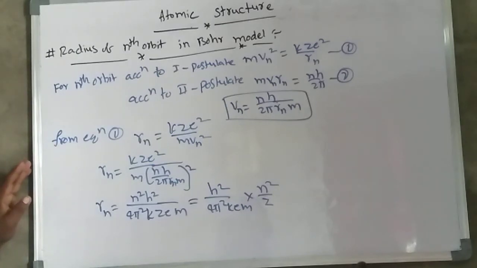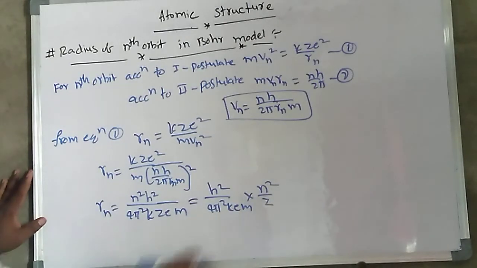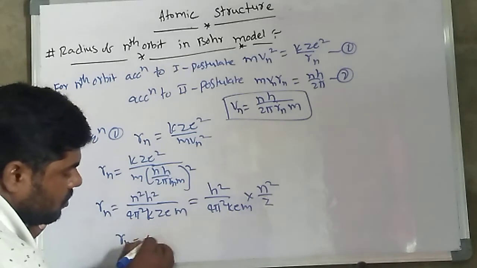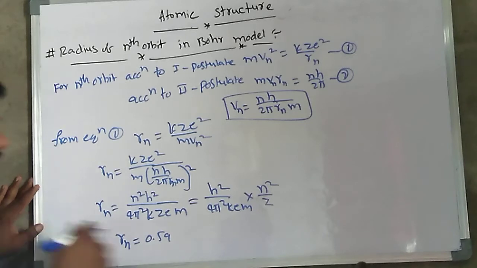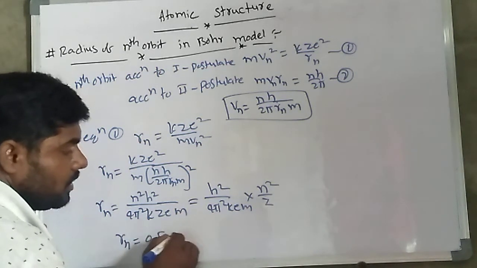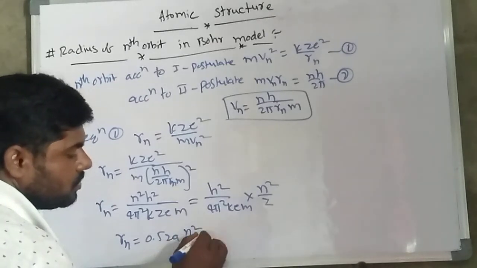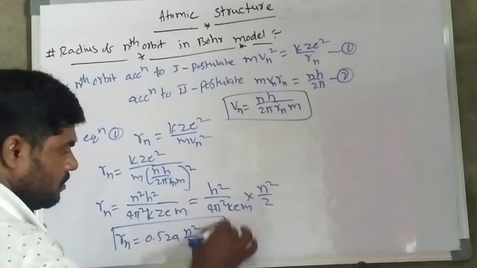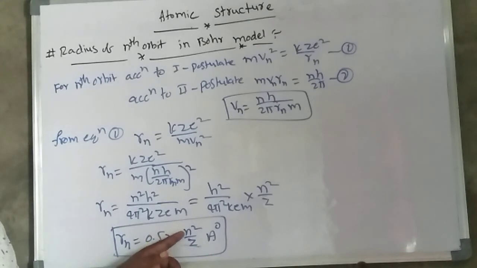This is a constant term, which I write as 0.529, so rn equals 0.529 n square divided by z angstroms, where z is the atomic number and n is the orbit number.